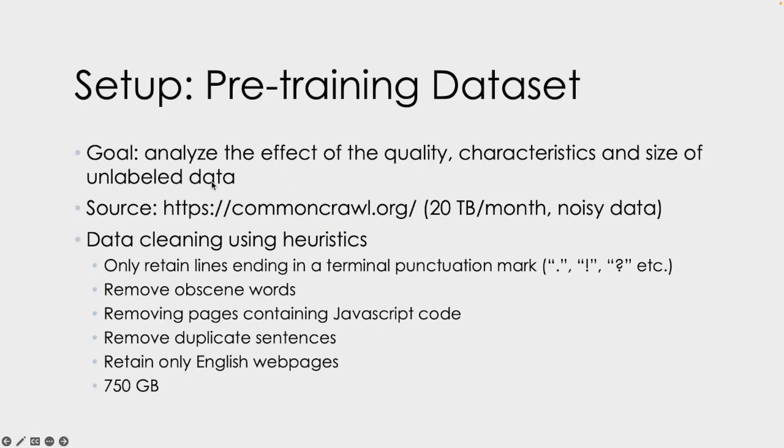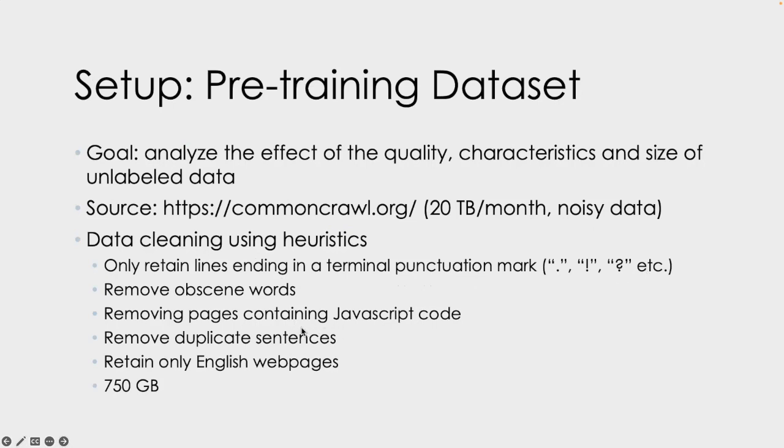Here, T5 proposed a way to clean up the common website crawling dataset. It's a pretty huge dataset originally, and also very noisy. So T5 proposed a way to clean it up. For example, it only takes sentences ending with a terminal punctuation mark.